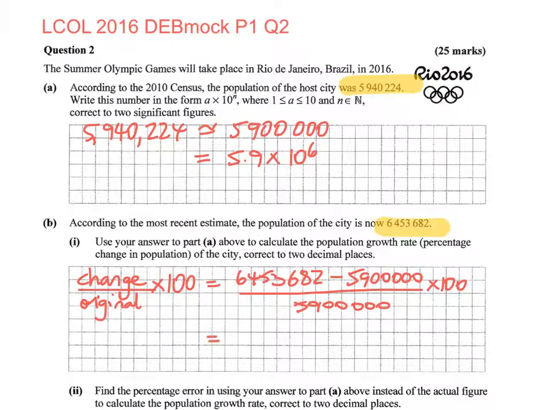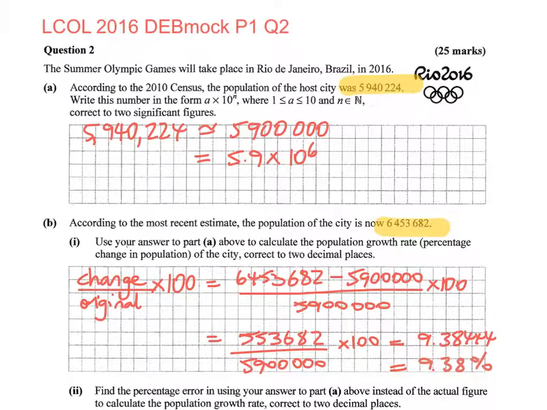And we're going to divide that by the original estimated amount of 5,900,000. When we work that through, we end up with 9.38444, but we want it correct to 2 decimal places, as asked in the question, and we end up with 9.38%.